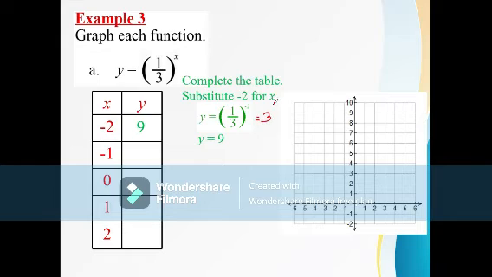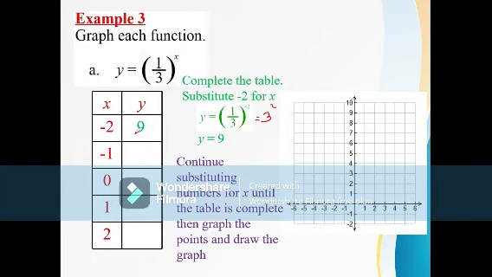To make the exponent positive, the 3 here will be on the numerator, then it becomes positive. So that is 3 squared. So y is equal to 9. That's why we have here 9. Continue substituting numbers for x until the table is complete, then graph the points and draw the graph. So in this case, if x is negative 1, what would be the value of y?